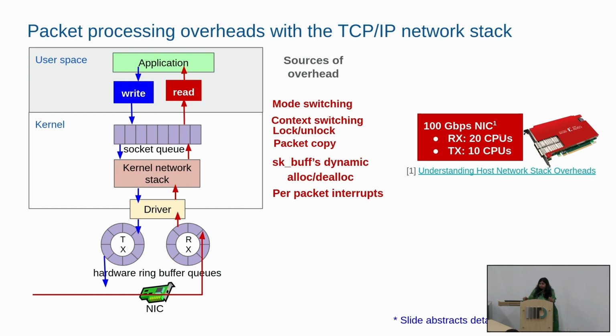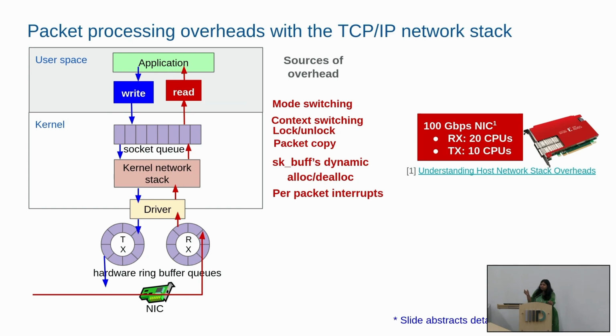So one question, why is RX having twice more CPU than the TX? So when we saw the RX path, it was compute intensive with respect to the tasks that it was doing.